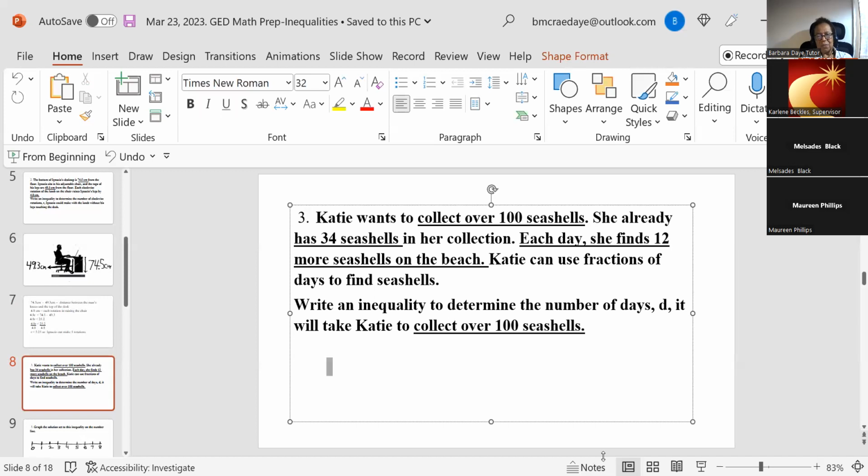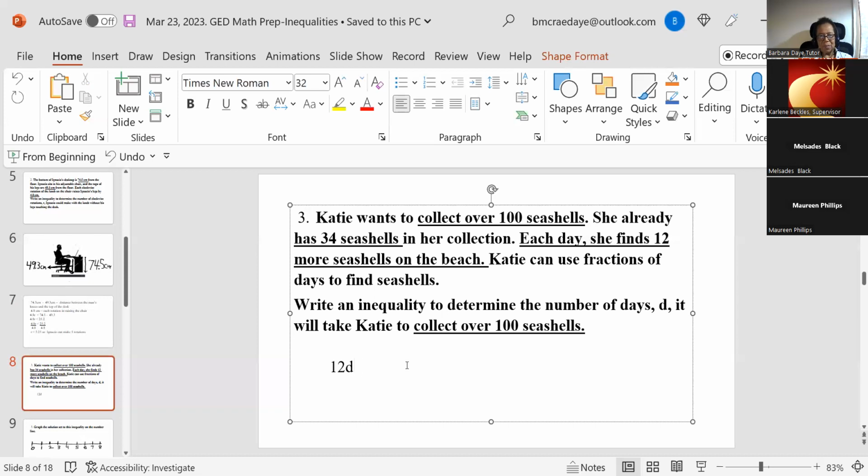The variable is D. So what goes in front of the D? 12. She gets 12 per day, right? Oh, yeah. So 12 times the days, D. And what must that be? What's the inequality symbol?